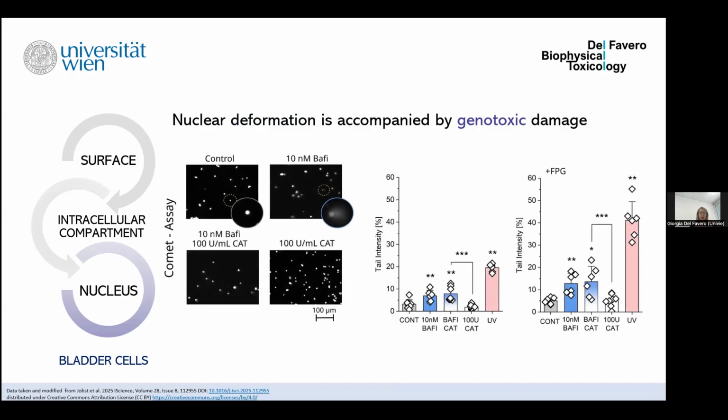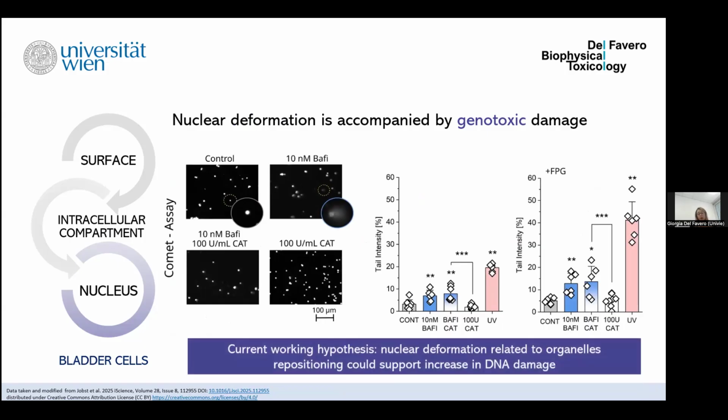So we measured COMET assay, and also in this case, we could observe a very consistent response. So all in all, our current working hypothesis, which we're trying to deepen with experimental work, is that the nuclear deformation related to this intracellular rearrangement could support the increase in DNA damage that we might see in the cancer cells.